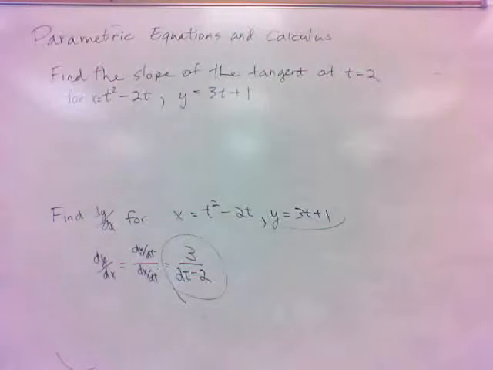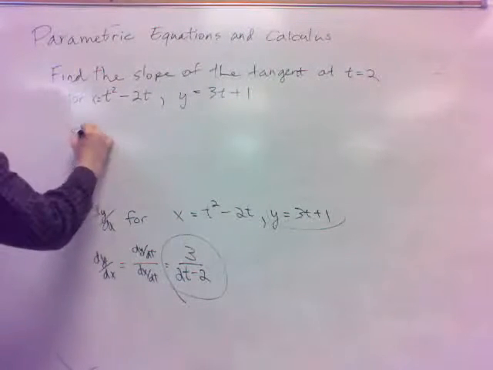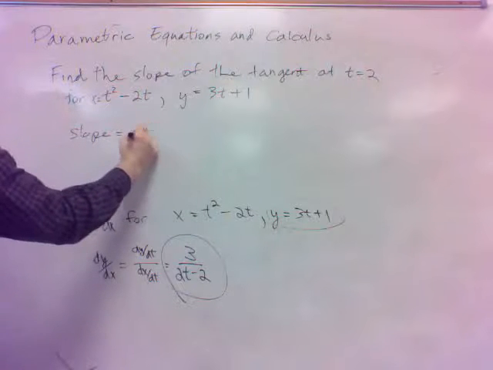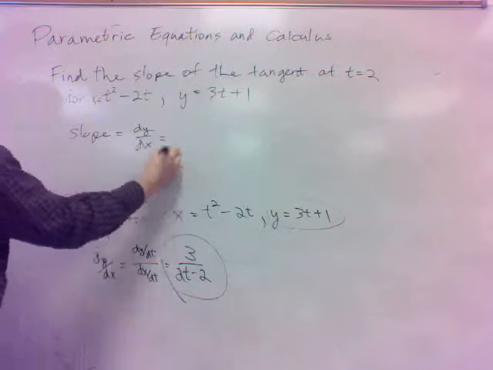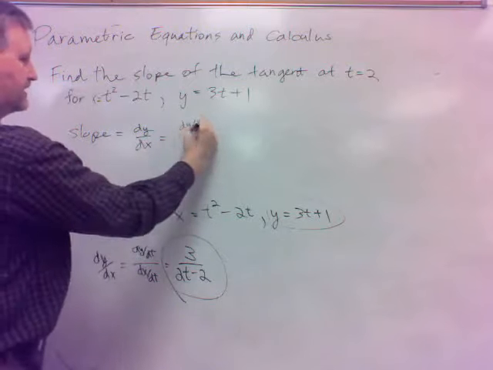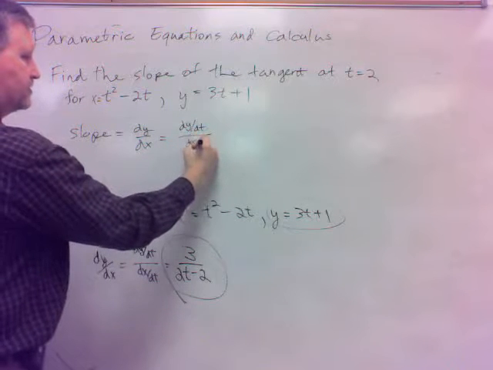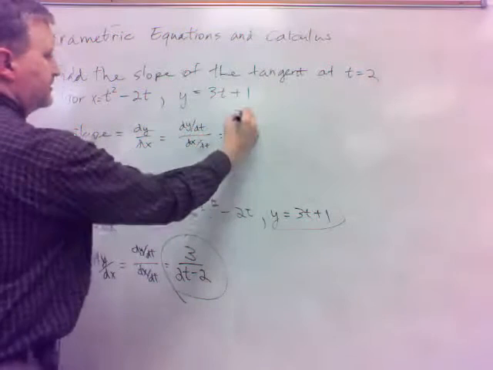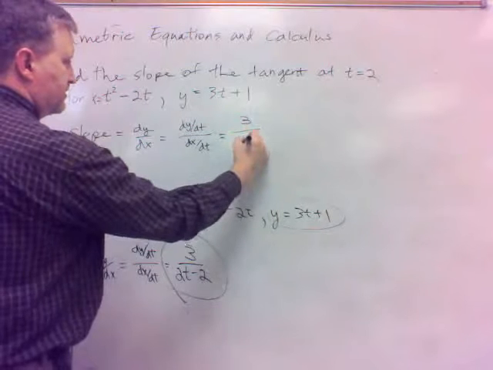So the slope of the tangent at t equals 2, well, the slope is dy/dx, but in terms of parametric, it's dy/dt over dx/dt, which we just did is 3 over 2t minus 2.